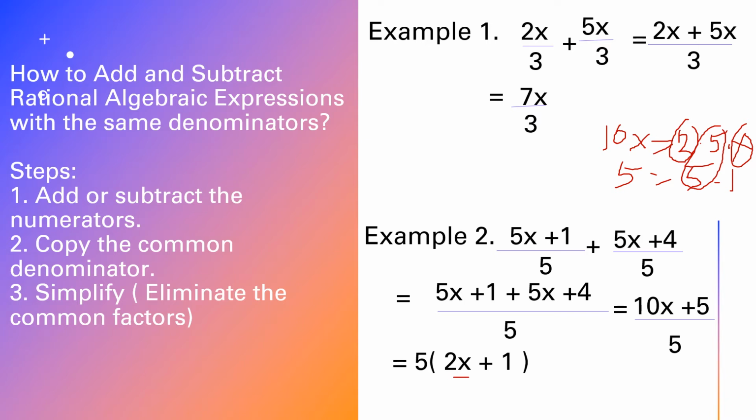So that is 1. So the factored form of 10x plus 5 is equal to 5 times the quantity 2x plus 1, and then divided by 5. Now, we can still simplify this. We can eliminate 5, that is equal to 1. So what we have now is 2x plus 1.